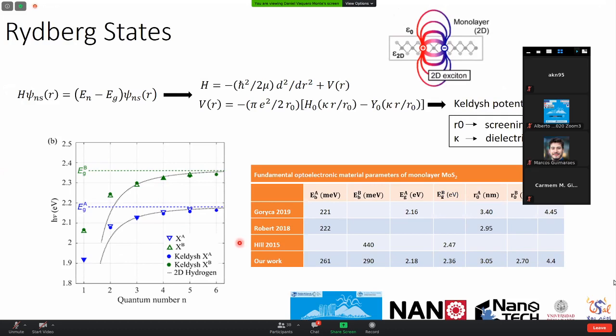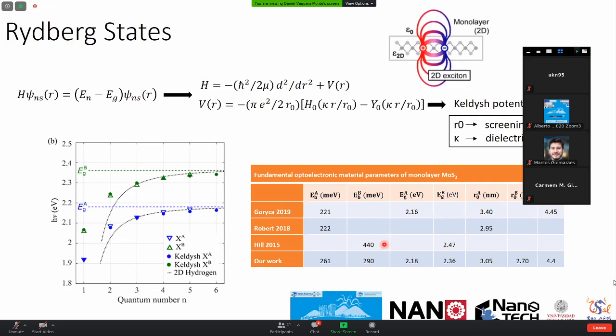I think that they use linear reflectance. But for monolayer molybdenum disulfide, that is this work here, they use room temperature photoluminescence, and I think that they have a mislabeling at the time of labeling the different quantum numbers in the states, because we have very different values in here. We think that, but we are not sure at all.